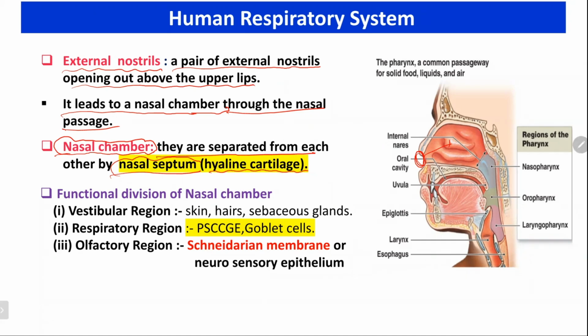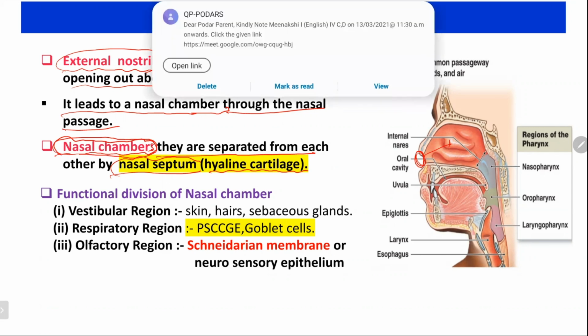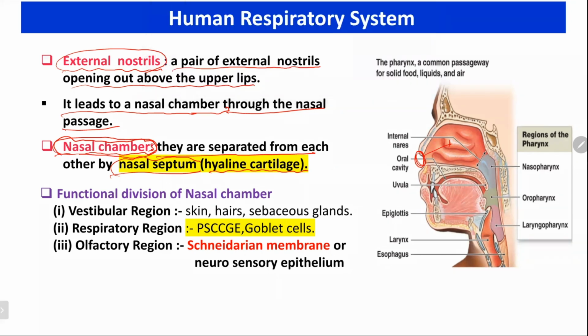How simple it is, you see. So far what we have seen, one, external nostrils. You understood what exactly external nostrils are. External nostrils open into nasal chambers, right? Nasal chambers are separated from each other by means of nasal septum. Nasal septum is made up of hyaline cartilage. It is not bony, it is cartilaginous. So how simple it is, you see, it's very simple.